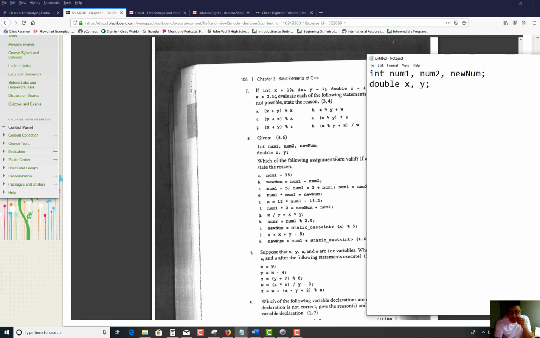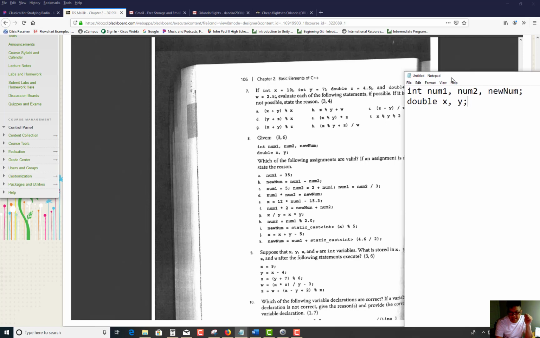Now, the key thing I want you to understand in this problem is the equal sign. Anytime you have an equal sign, the right side is stored into the left side. For example, A states num1 equals 35, meaning you take the right side and store that into the left side.